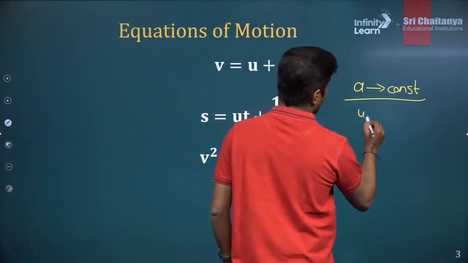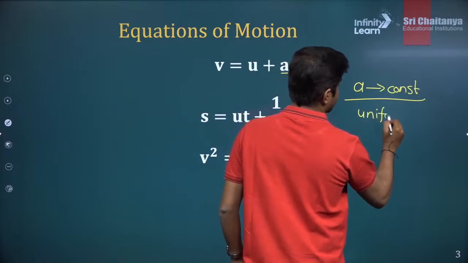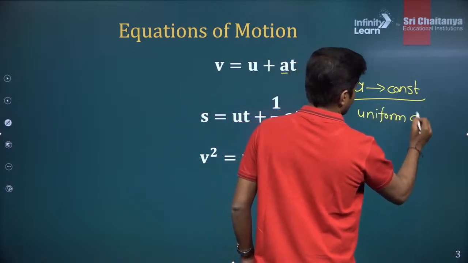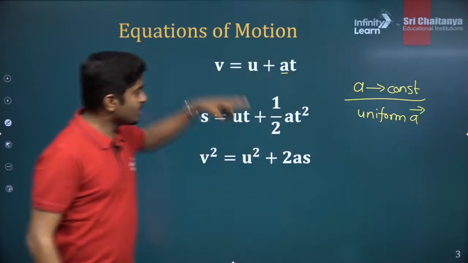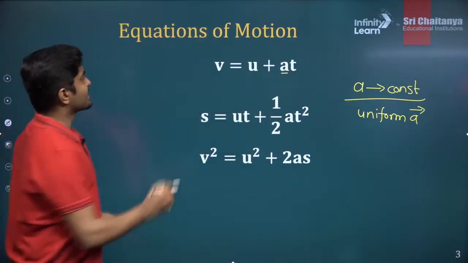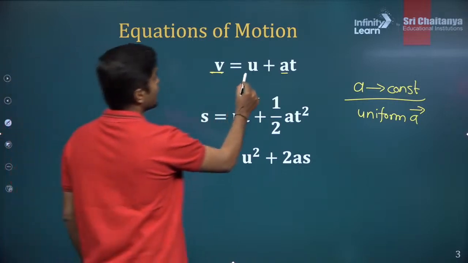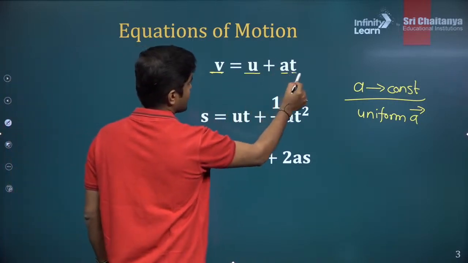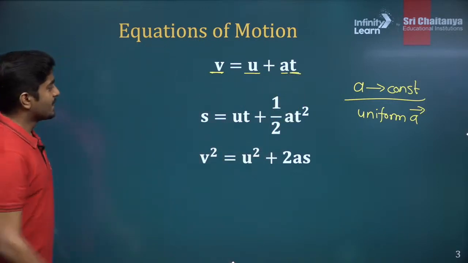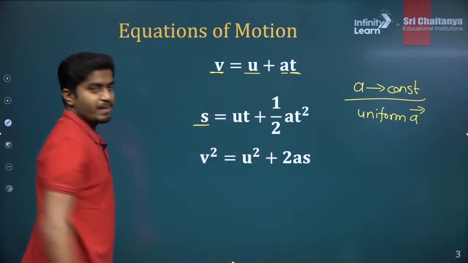Whenever you see a situation in which acceleration is constant or uniform, you can use these equations. What are these? V is the final velocity, U is the initial velocity, A is the acceleration, T is the time, and S is the displacement.